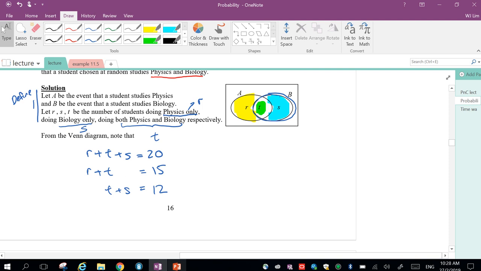Okay, you notice that I wrote this down for you in this manner, because I'm going to solve simultaneous equations. Is that clear? Okay, so solving them, three unknowns using your GC, you should get your R to be 8, your S to be 5, your T is 7.